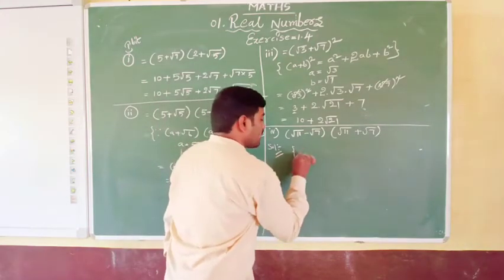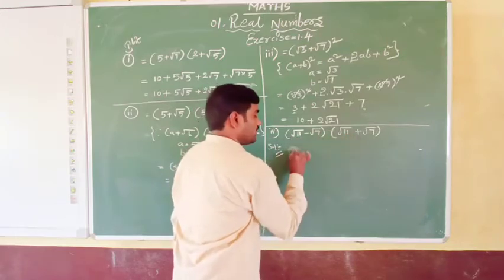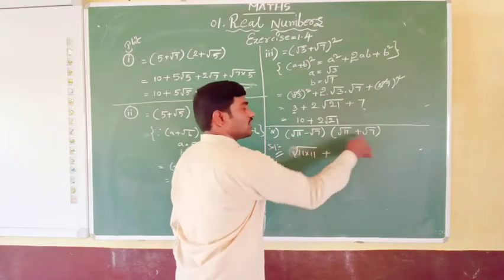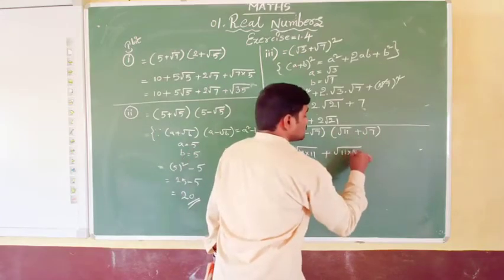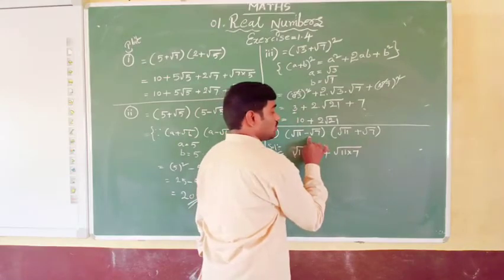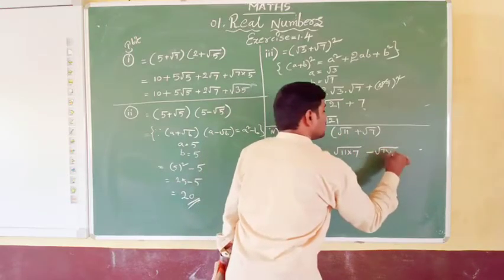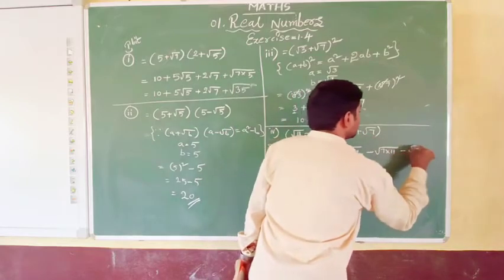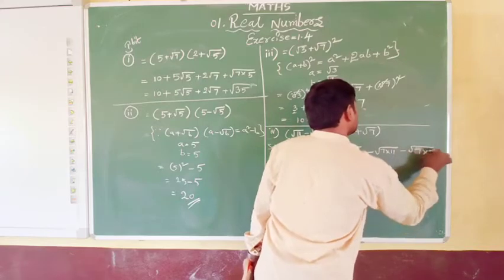You can go for the formula, or you can also go for this method: root 11 into root 11, under root of 11 into 11, plus root 11 into root 7, under root of 11 into 7. Here with minus 7 we need to multiply, so minus into plus is minus, under root of 7 into 11, and minus into plus, that is minus under root of 7 into 7.